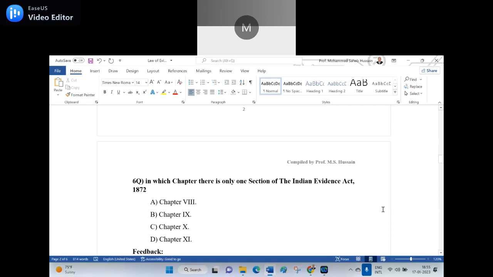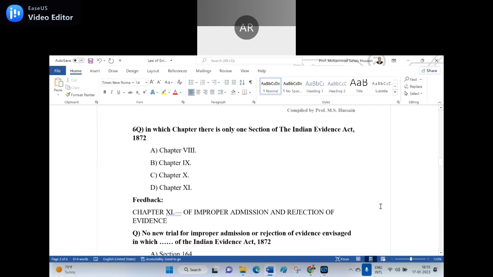There is only one section of the Indian Evidence Act. In which chapter? 11th chapter is only one section. Option C, 11th, sir. Yes, sir.